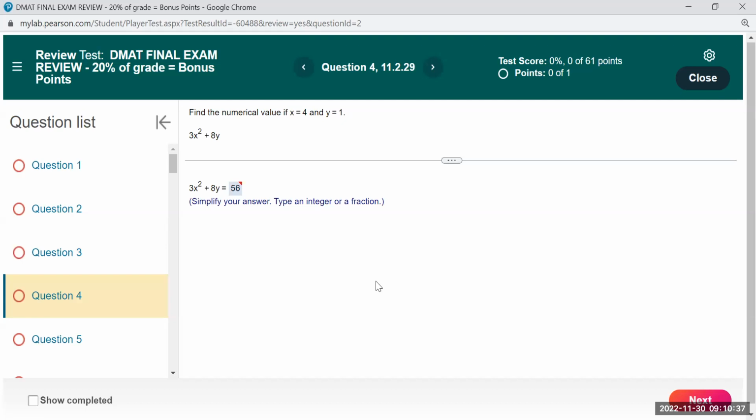Okay, find the numerical value 3x squared plus 8y if x equals 4 and y equals 1.